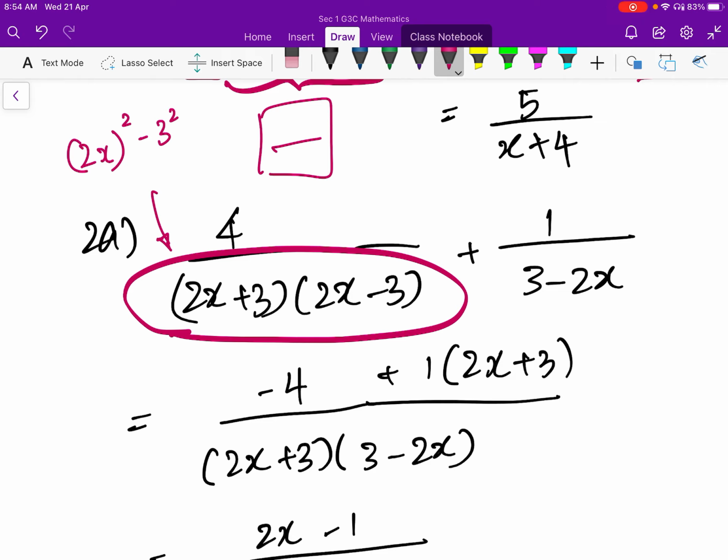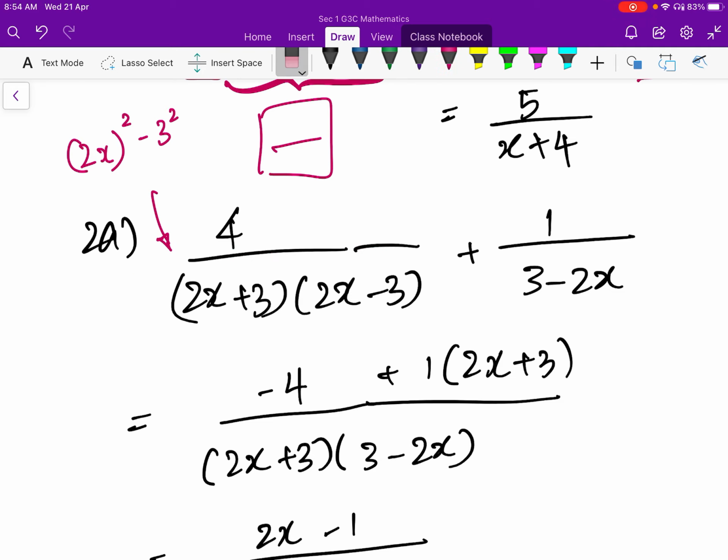So 2x plus 3, 2x minus 3. On the numerator 4, no change. And we see that in the other denominator, 3 minus 2x, very similar. 3 minus 2x and 2x minus 3. Almost the same, right? So how do we convert one to the other?